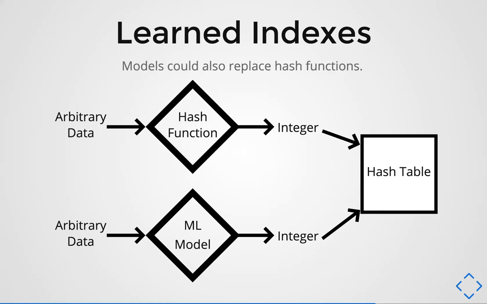And we can still get all the benefits of having a hash table, but we change the way the hash function works by replacing it with a machine learning model. And the big motivation here is that machine learning models, unlike hash functions, can actively take into account the distribution of the data that's being indexed, so we can use the space in the hash table a lot more efficiently.